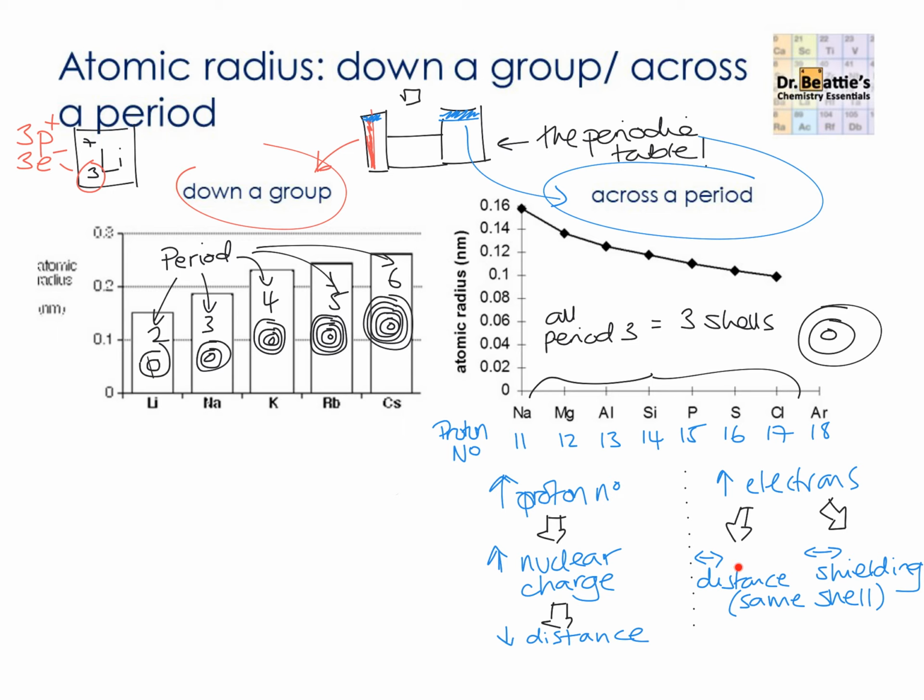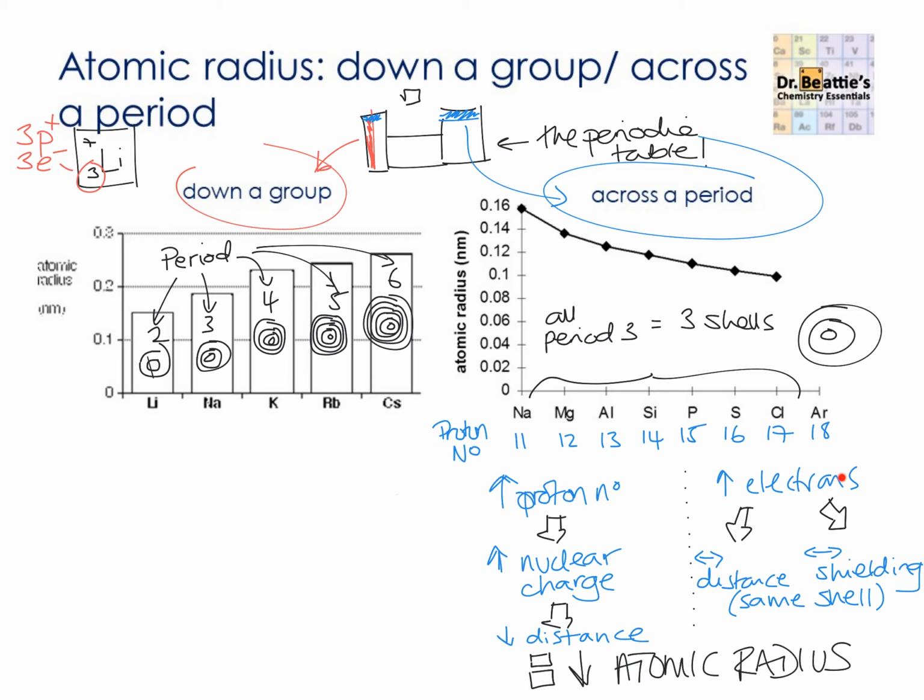And so this column, these explanations that were really important for going down a group, this time has no effect on the distance. Whereas this column here, to do with nuclear charge, does have an effect, and it decreases the distance. So overall, we have a culmination of a decrease in the atomic radius as we go across a period.